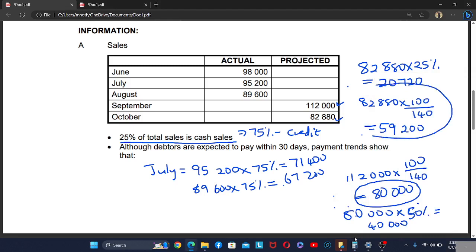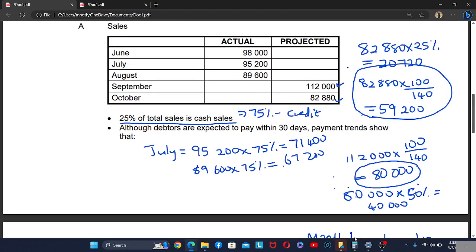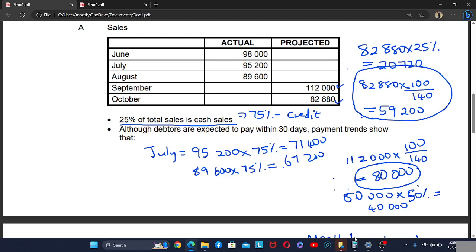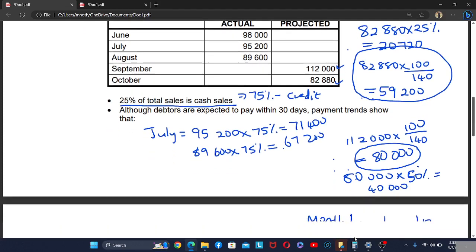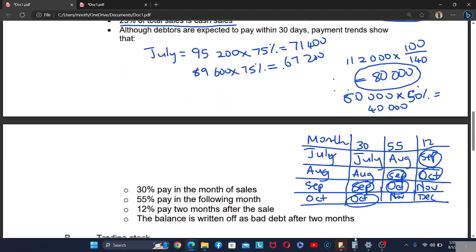These are the cost of sales of October. So this means that because the business sold the trading stock in October, this means that the business will need to replace this trading stock in October again. So meaning that the business will need to buy the trading stock.